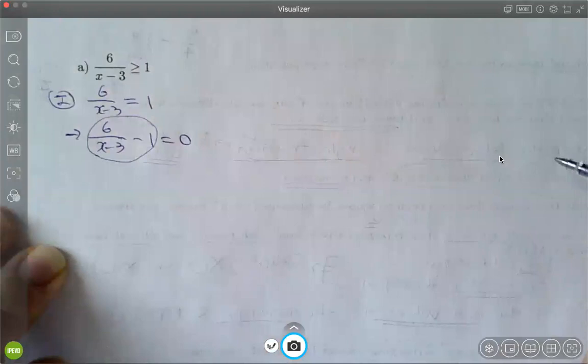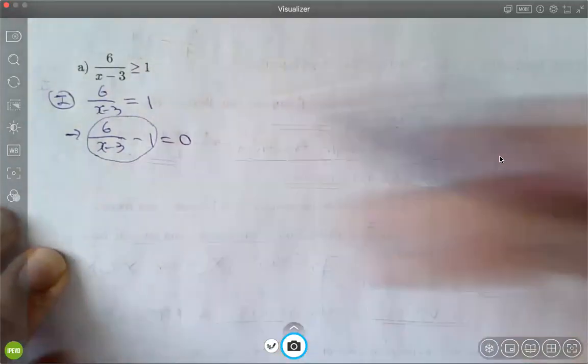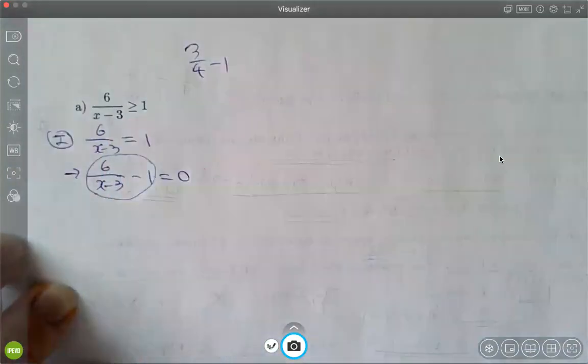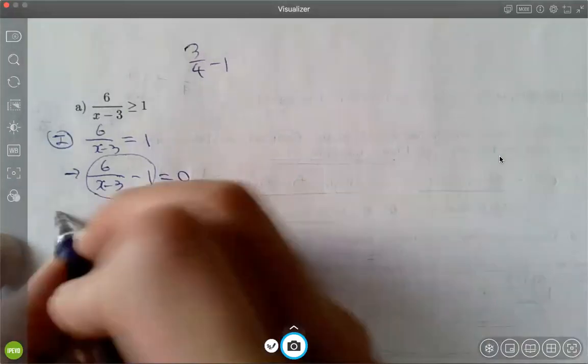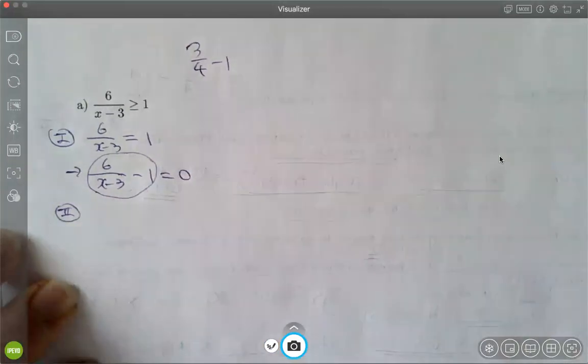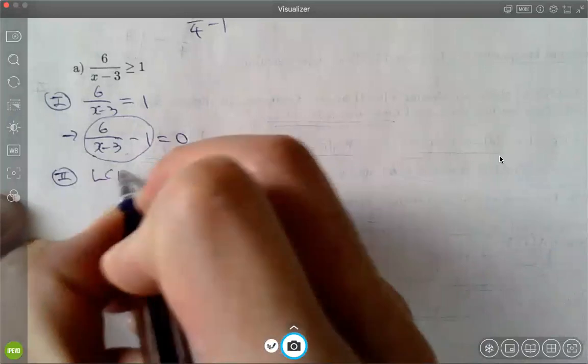Notice that this expression is quite similar to what I wrote down earlier, which was like 3 over 4 minus 1. It's similar, but we are dealing with just a weird denominator. So now here, what is the LCD? x minus 3. So here, the LCD is x minus 3.